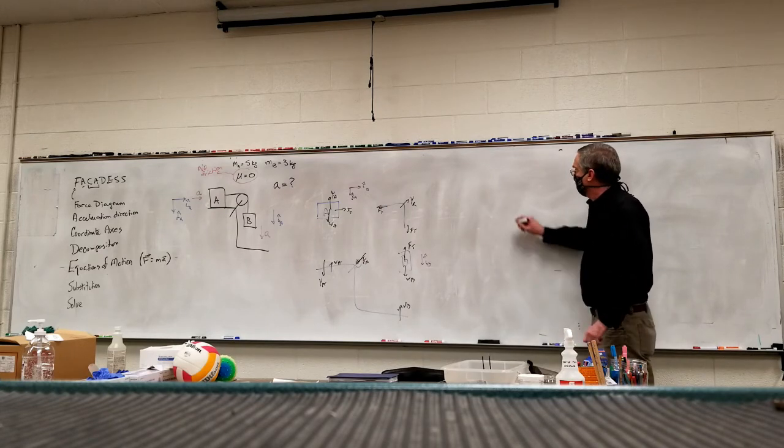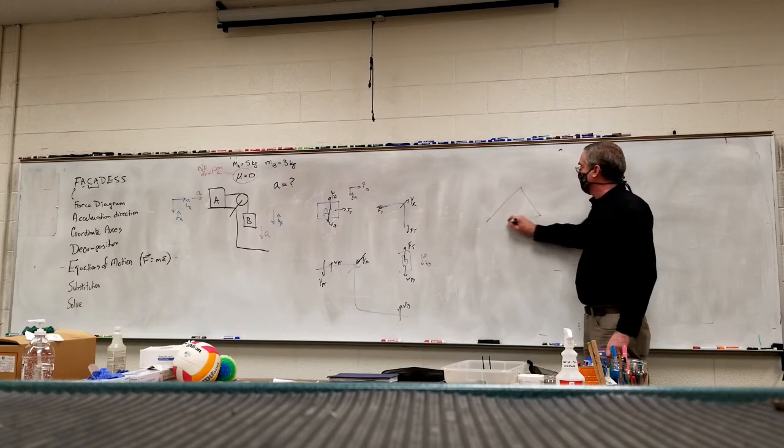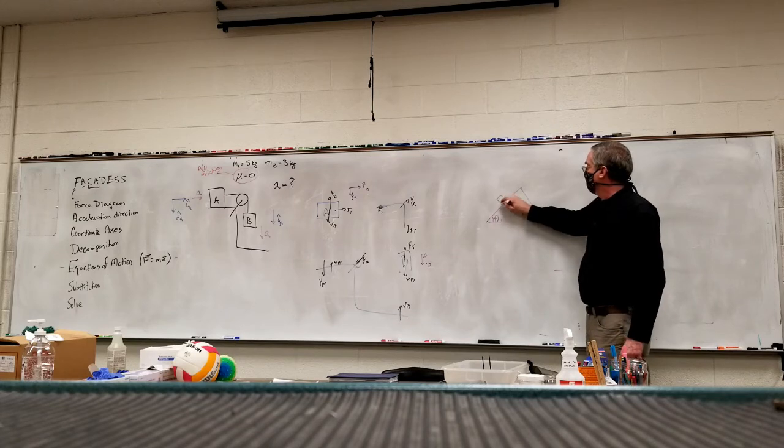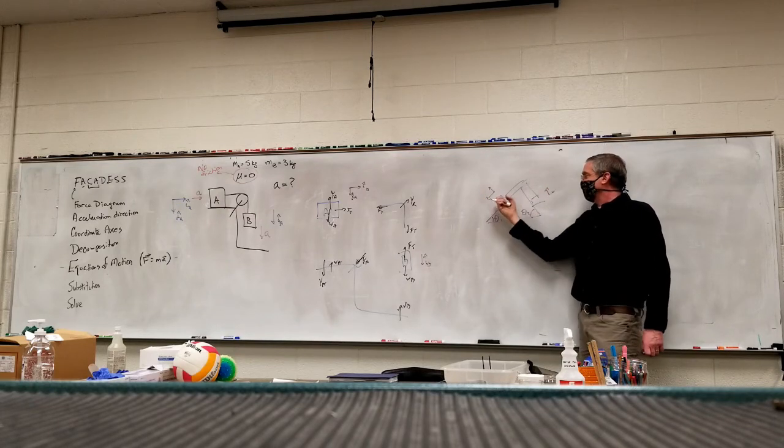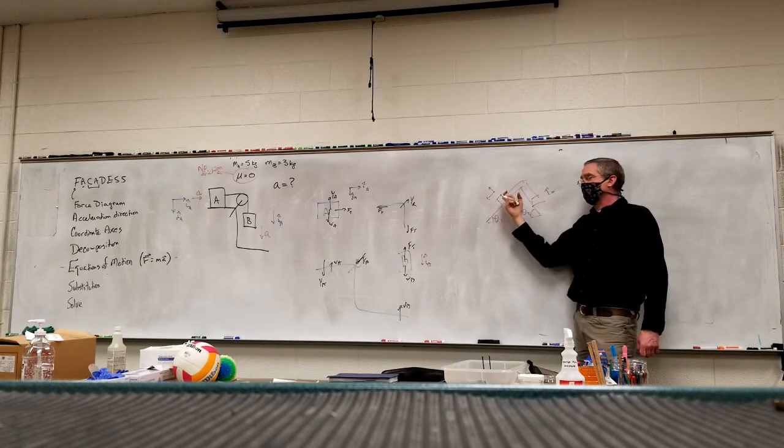However, if we get into the double ramp problem where this is some angle and that's a different angle, I will choose a coordinate system like that, and I choose a coordinate system like that. If we chose just one coordinate system to work for both, then we're incredibly increasing the amount of math we have to do.